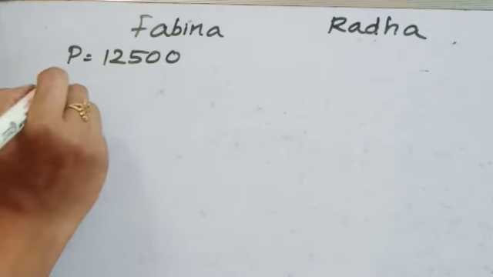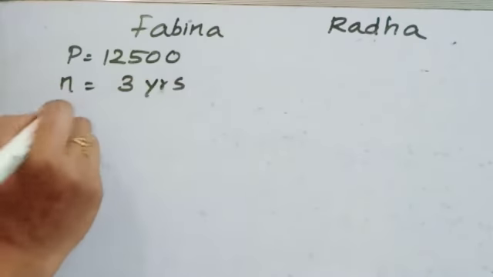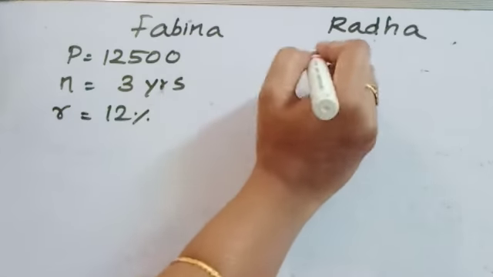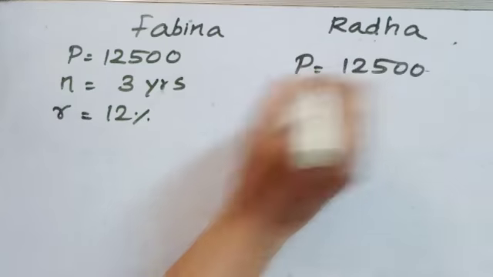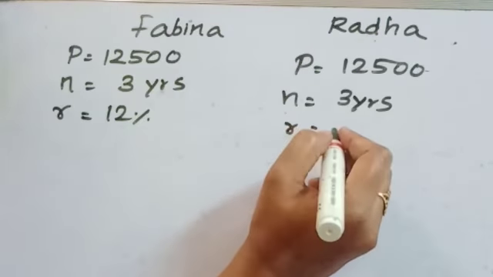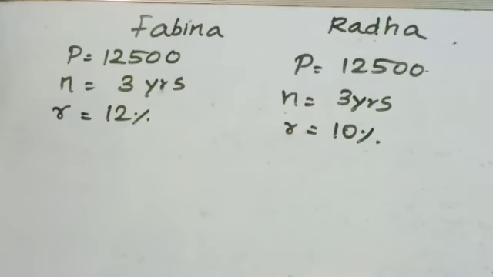For Fabina, principal is rupees 12,500, n is equal to 3 years and r is equal to 12% per annum. For Radha, principal is rupees 12,500, n is the same 3 years, and rate of interest is 10% per annum compounded annually.